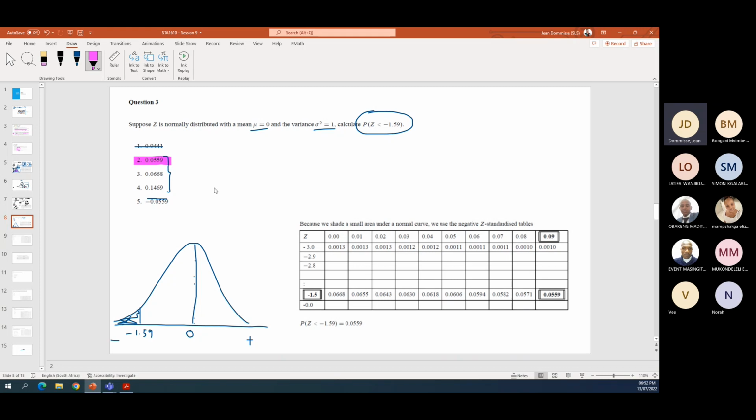So for this, I would always round off a Z to 2 decimals and not just to 1 decimal, just to make 100% sure, because there's a slight difference in the answer.